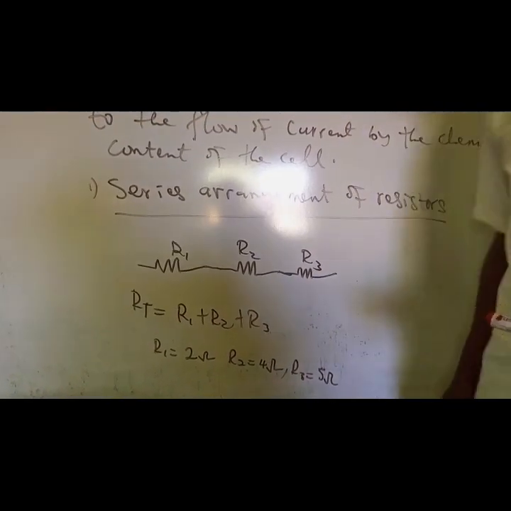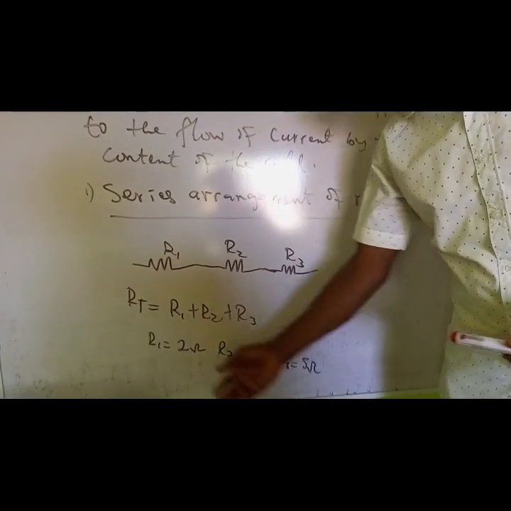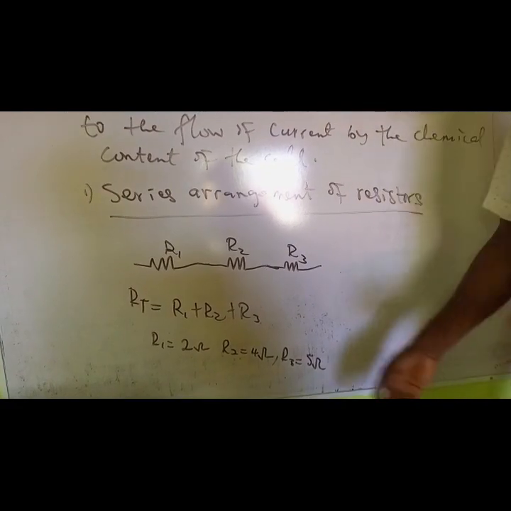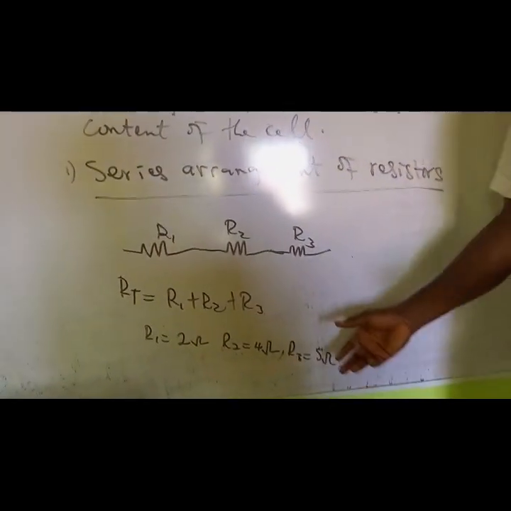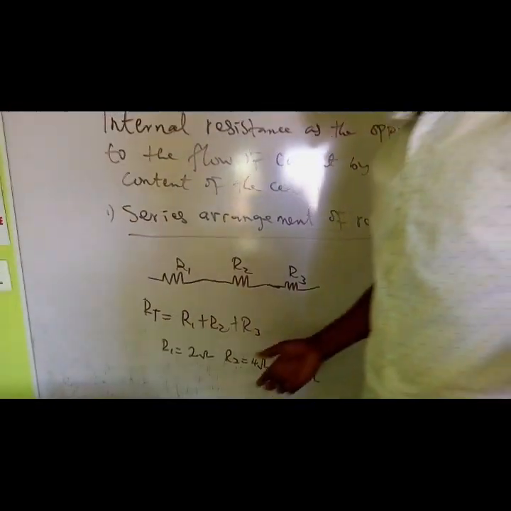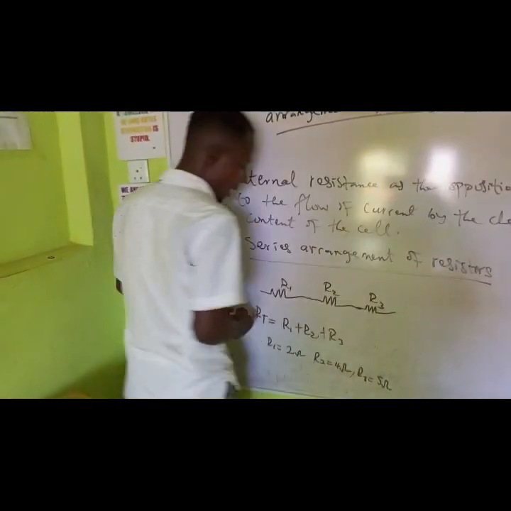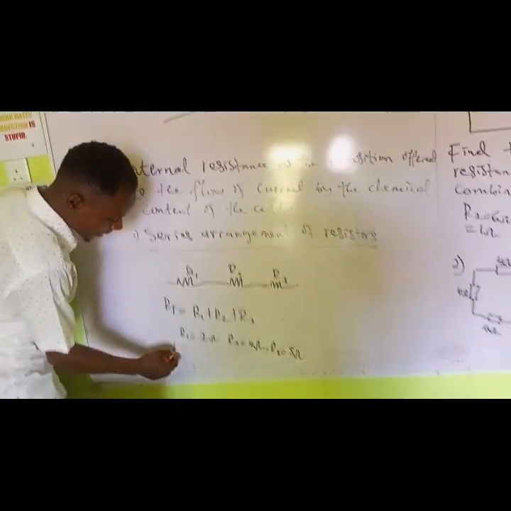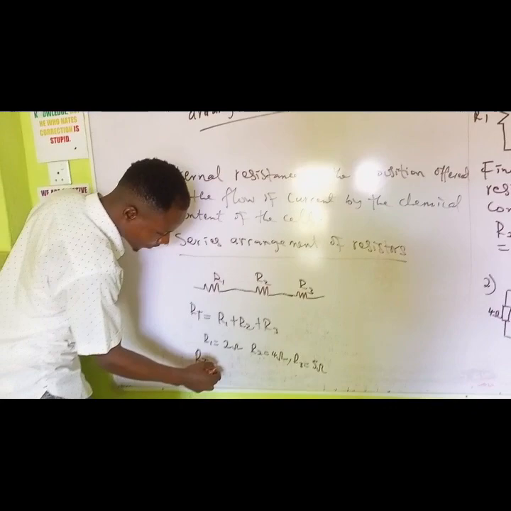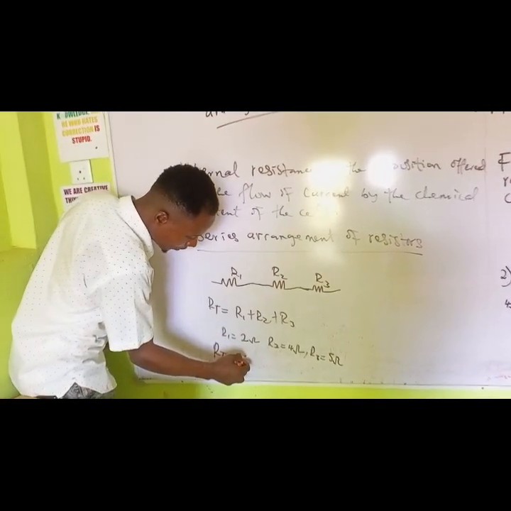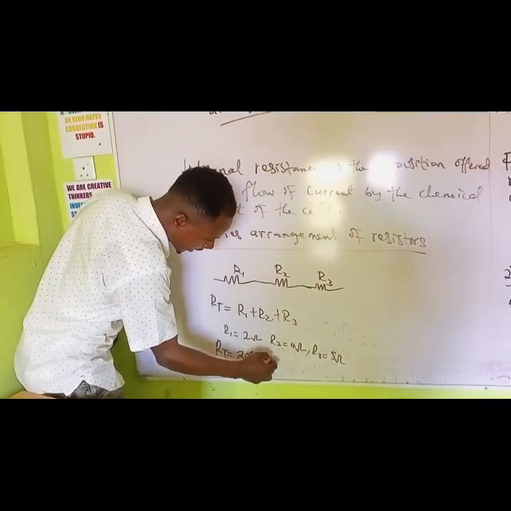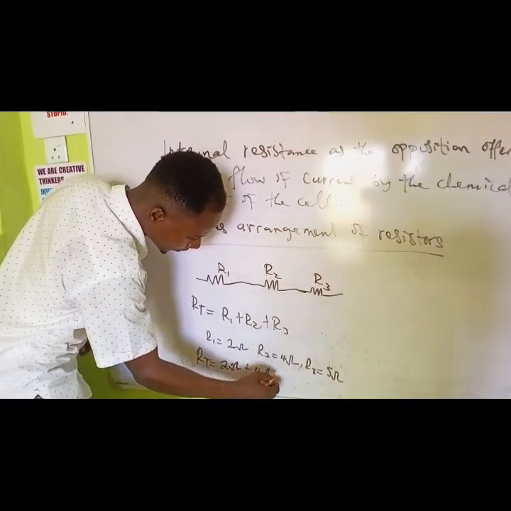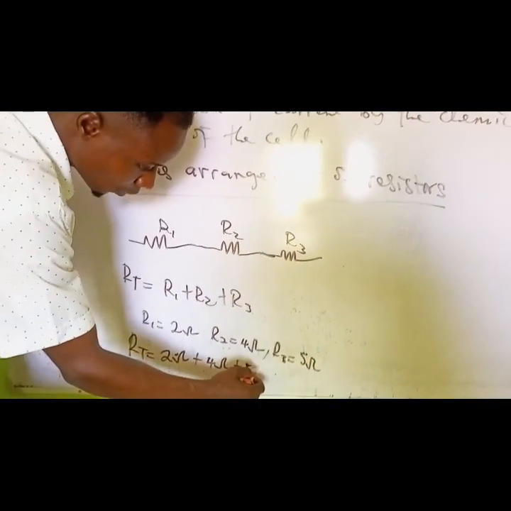R1 plus R2 plus R3. And for example, let's assume your R1 is 2 ohm, and your R2 is 4 ohm, and your R3 is 5 ohm. You are asked to calculate the total resistance in series. So the student is expected to say that the total resistance in series will be 2 ohm plus 4 ohm plus 5 ohm.